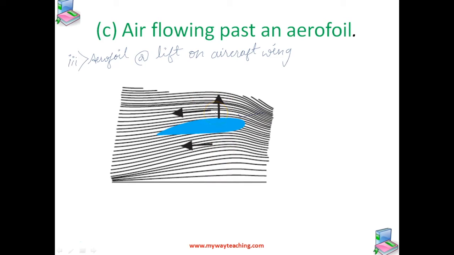The flow speed on top is higher than below it, and there is an upward force resulting in a dynamic lift of the wings, which balances the weight of the plane. This is the air flowing past an aerofoil.